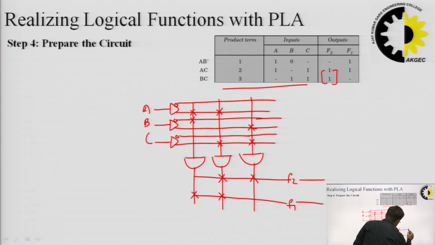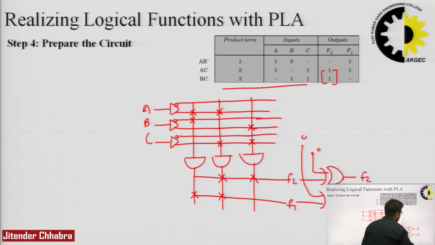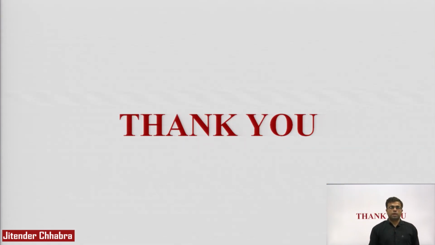Further, there are XOR gates which I am not going to use, so I will connect 0 to these inputs, and they will remain F2 and F1 only. If I needed the complemented version, I would have placed ones on these XOR inputs. In this way we can design any circuit using PLA. So with this we come to the end of the lecture.